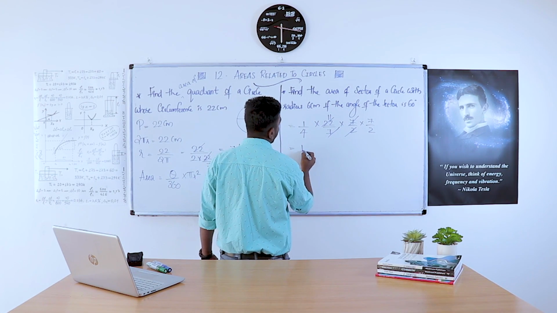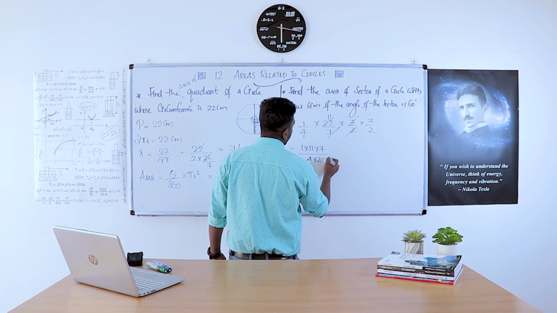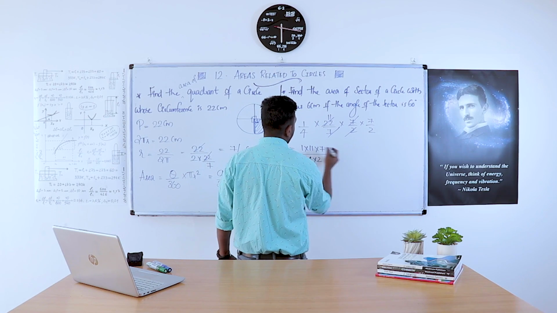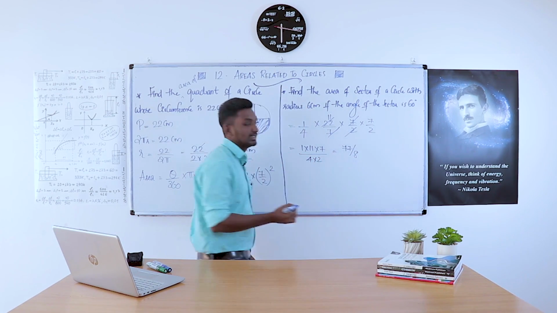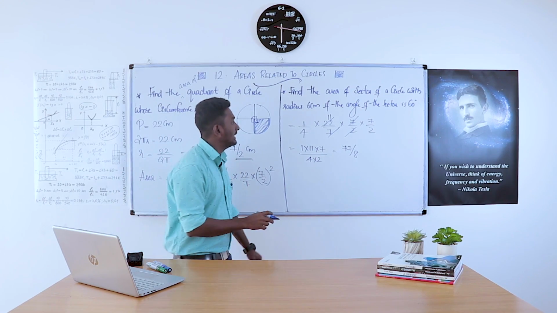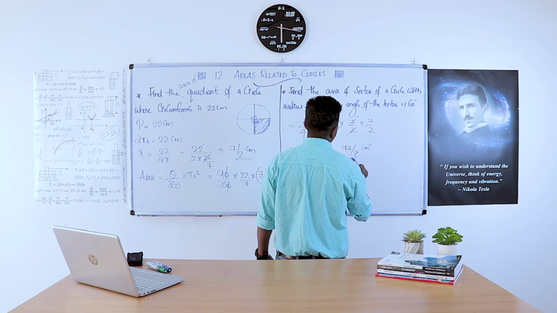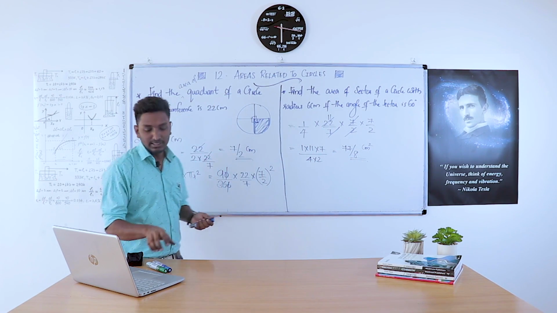Then that is 1 into 11 into 7 divided by 4 into 2. 11 into 7 is 77, by 4 into 2, 8. That is 77 by 8 centimeter square.